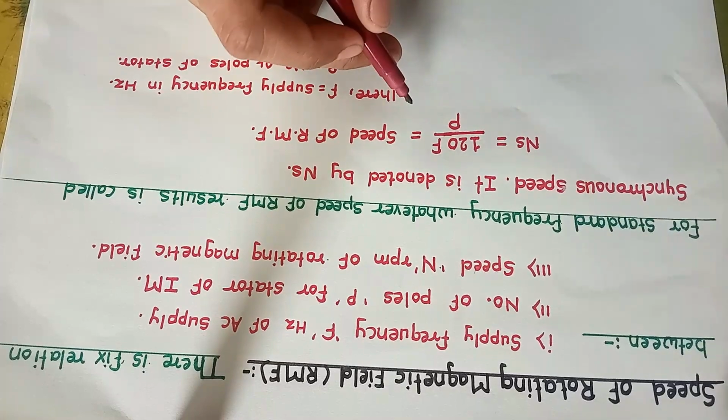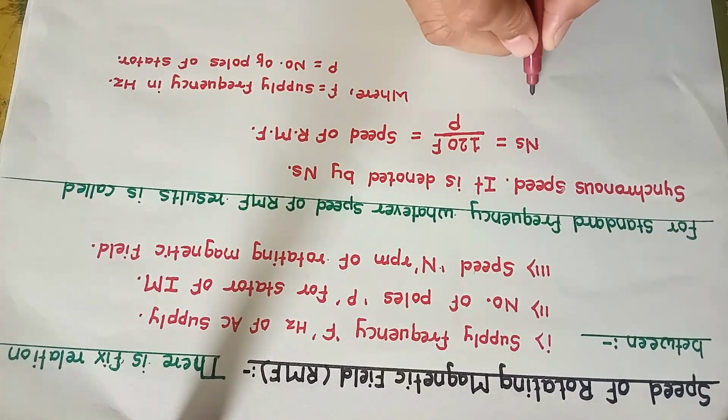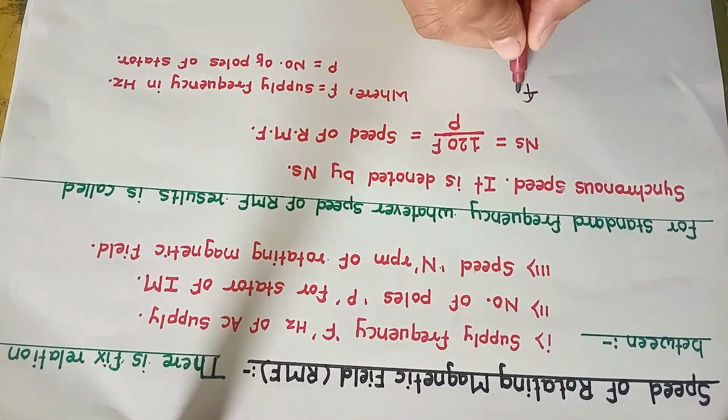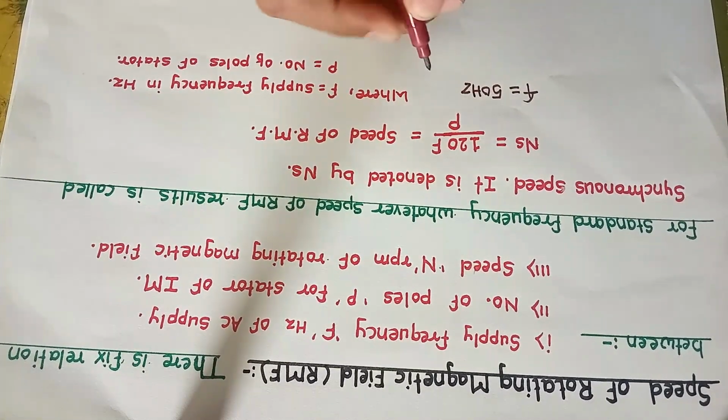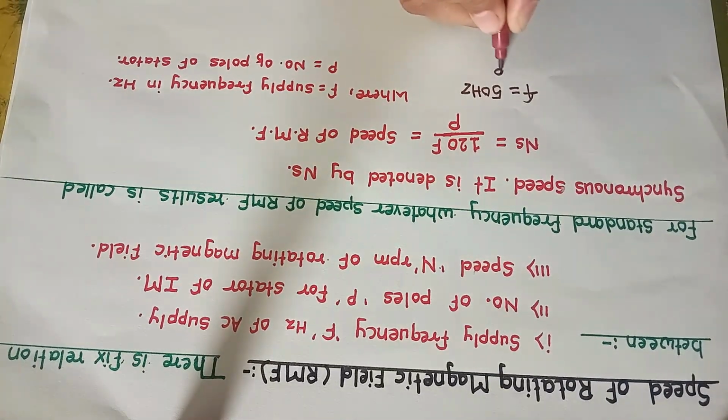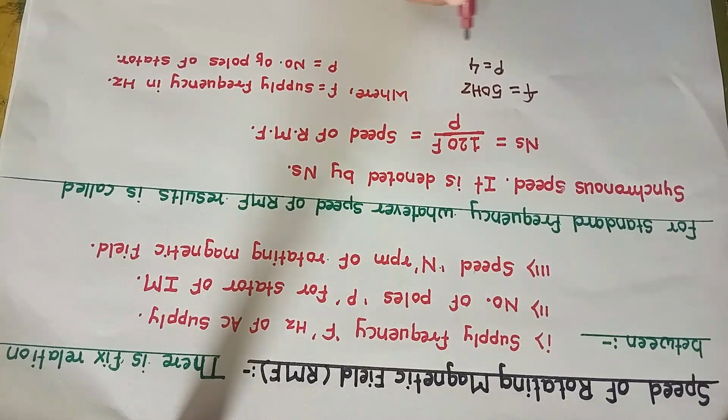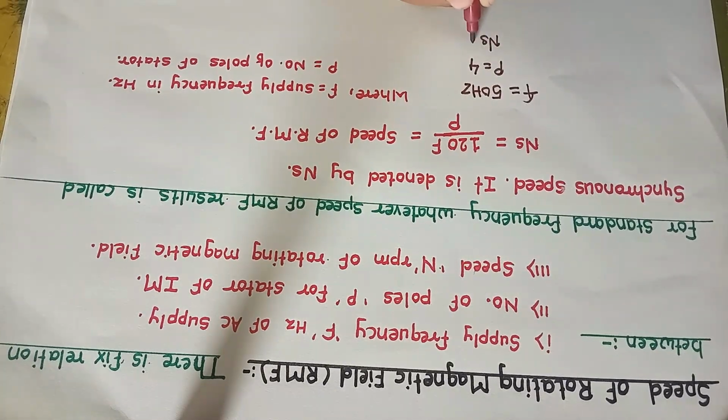So for India, the standard frequency f is equal to 50 hertz. If I say I have the number of poles as 4, then my ns is equal to 120 f, frequency is 50 and number of poles is 4.